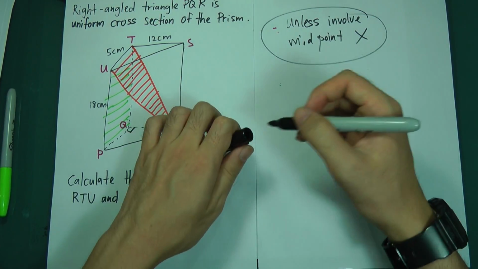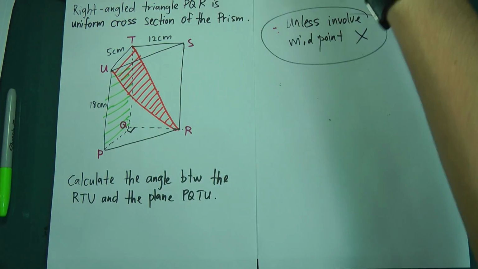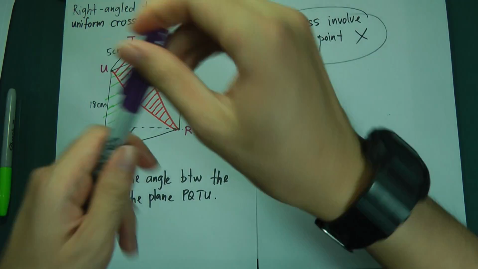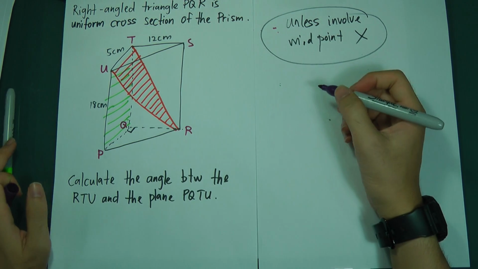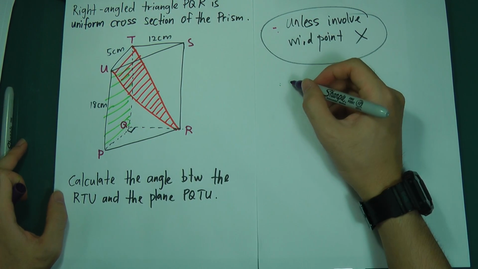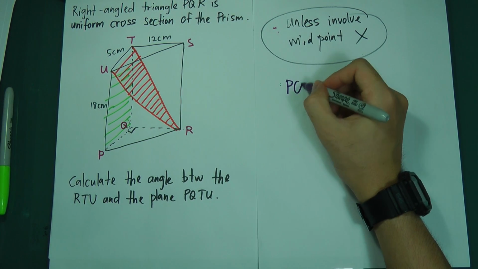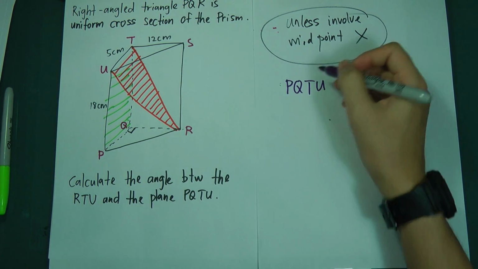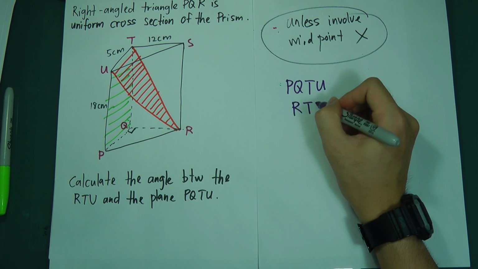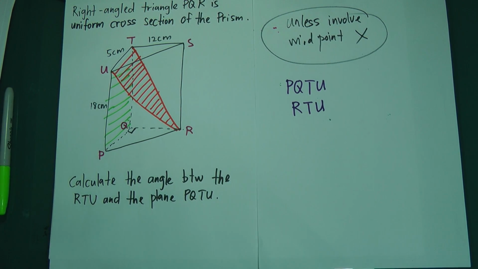Okay, this formula is like this, very simple. I just hope you listen carefully, or you want to mark down, whatever you like. You just write down the two planes that the question asks for, which is P, Q, T, U and R, T, U.